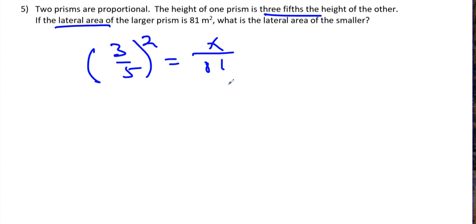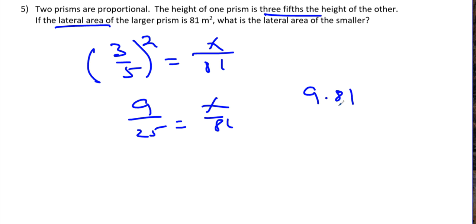Okay. So I'm going to cross multiply. All right. And so when I cross multiply, that's going to be 9 over 25 is equal to x over 81. So I'm going to multiply, so I have 9 times 81 over 25 is equal to x.